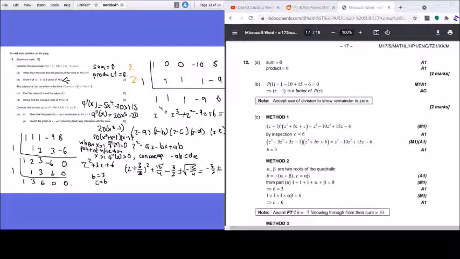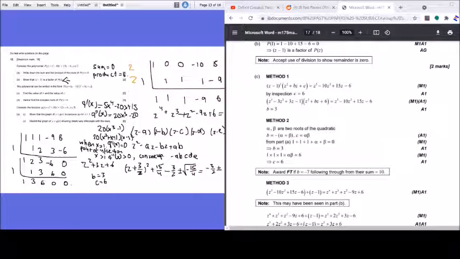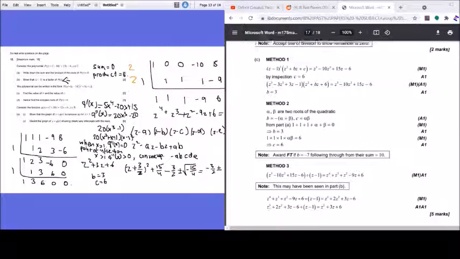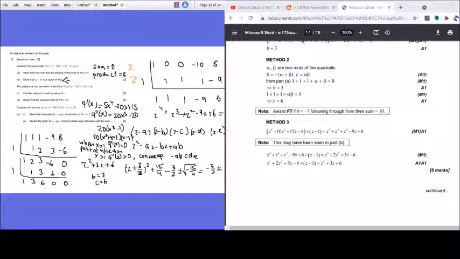Oh, they're using by inspection. Or they could also do this, or they could have also done this. So that's the correct answer as well. So that's good that we got 5 points for that. That's a lot of points.